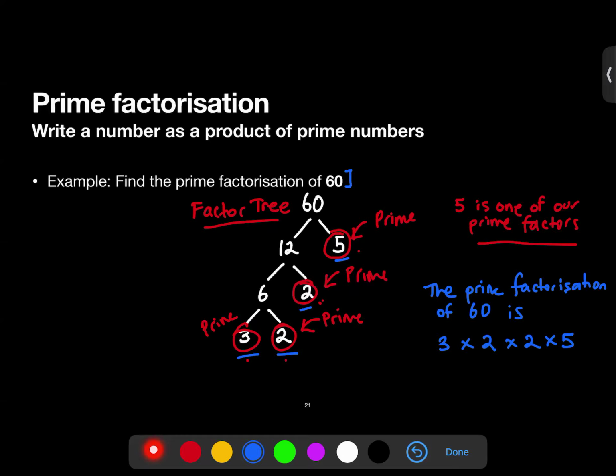And before we finalize our answer, let's just test this to make sure it is true. So 3 times 2 is what? 6. 6 times 2 is 12, and 12 times 5.